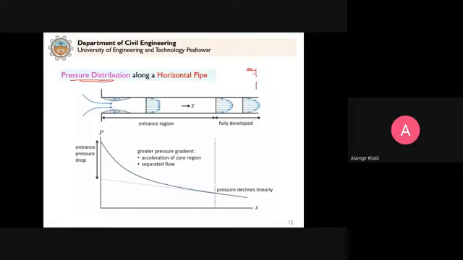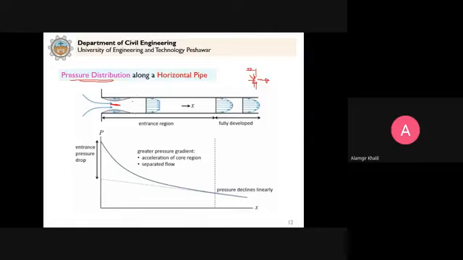So what will happen? The streamlines will come here from all directions. Similarly, straight will come, and similarly from here they come. And then they are contracting towards this because the flow occurs in this direction. So just outside this orifice there is a contraction like you see here.